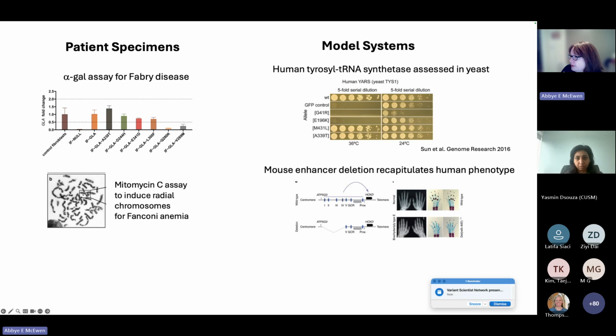And here are another two examples of model systems that have been genetically controlled. In this top assay, human tRNA synthetase has been assessed in a yeast system, and on the bottom is a mouse system, which recapitulates a human phenotype. And in this system, a single variant of interest was introduced.